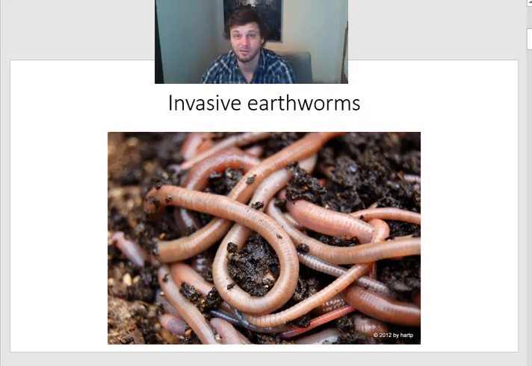They aerate the soil. They make paths through the soil that lets in water, lets in air. They turn over the nutrients. They eat organic matter and then they poop it out, and it helps with nutrient recycling. So it sounds like earthworms are good. It's great that we have introduced these invasive earthworms into the northern forest.